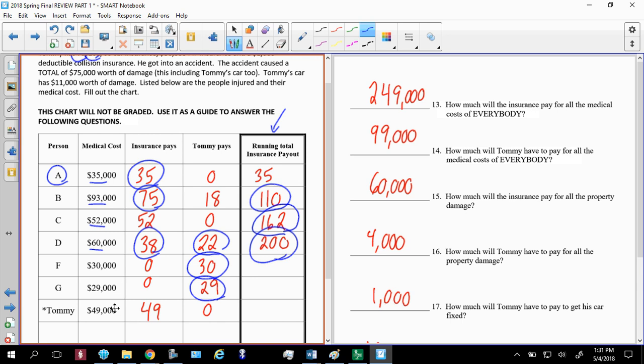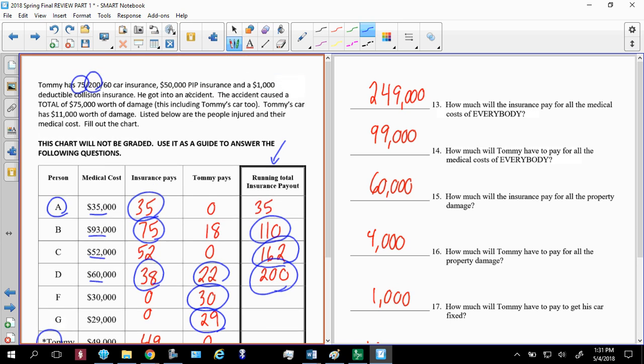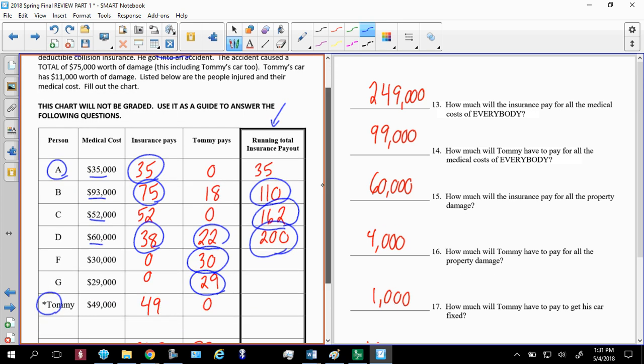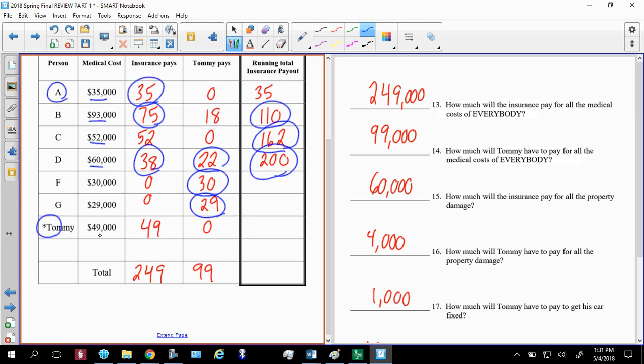Now, Tommy got hurt himself, but what makes Tommy special is the fact that he was a driver. If you remember, going back up to your directions, the driver is covered under an additional 50,000 PIP. So that means if it's under 50,000, insurance will pay that. So Tommy only needed 49,000, so that means he's getting 49.